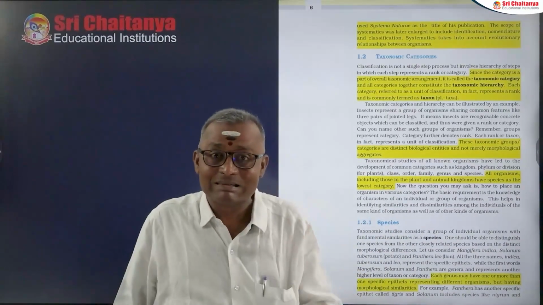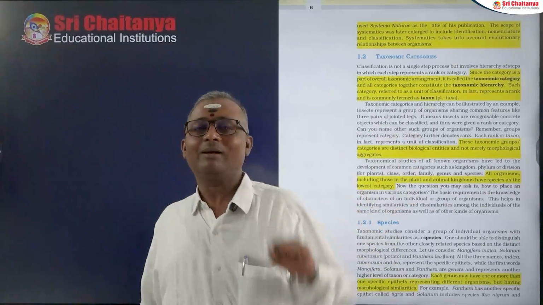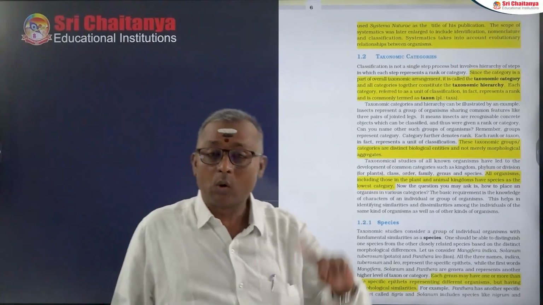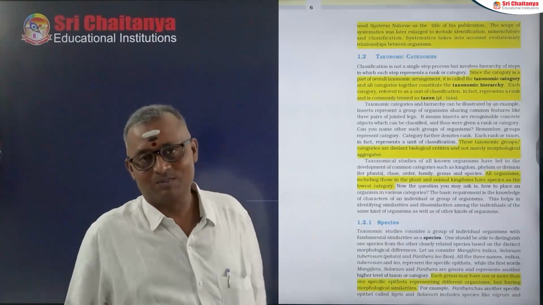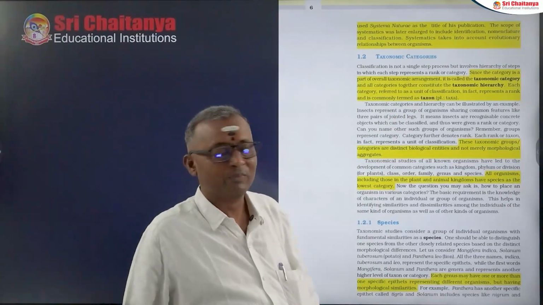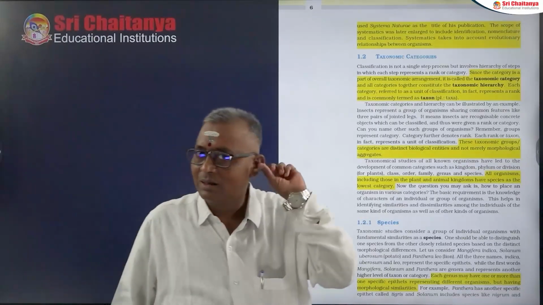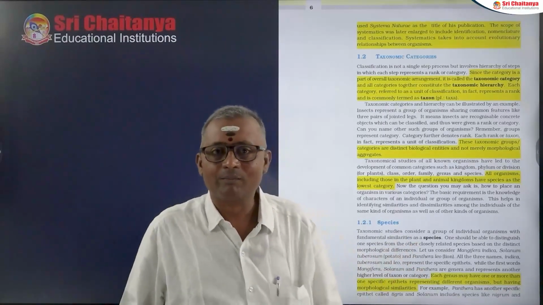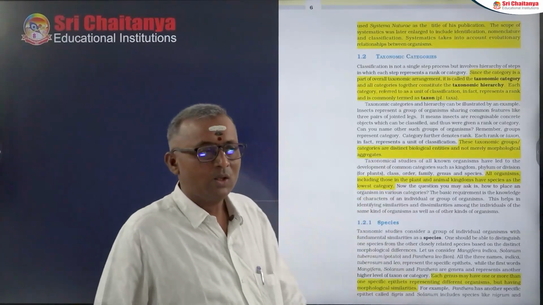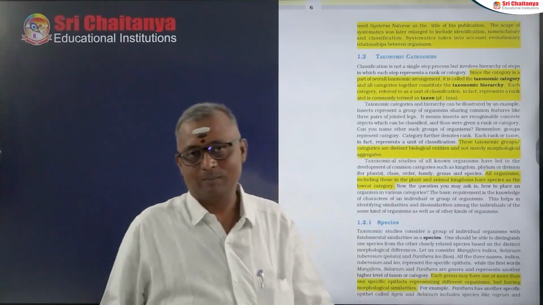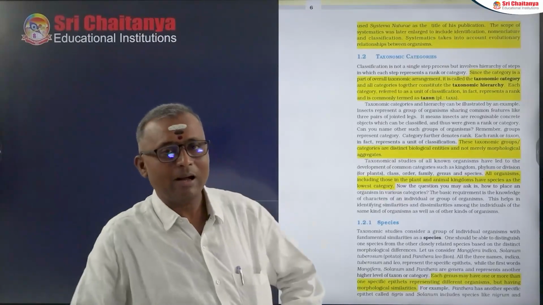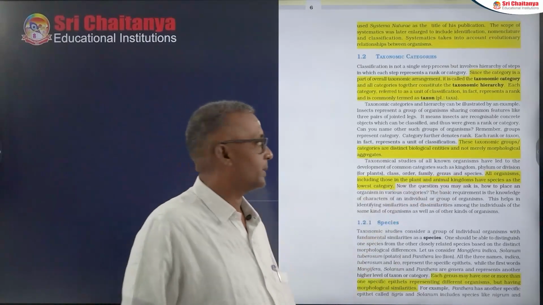Therefore, insects can be raised into a category because they have some specific or unique characteristics which cannot be seen in any other organisms. Similarly, mammals have external ears and body hair, isn't it? So they can also be grouped into a category. Now, as I said, this category or rank represents a step, or it can also be called a taxon.